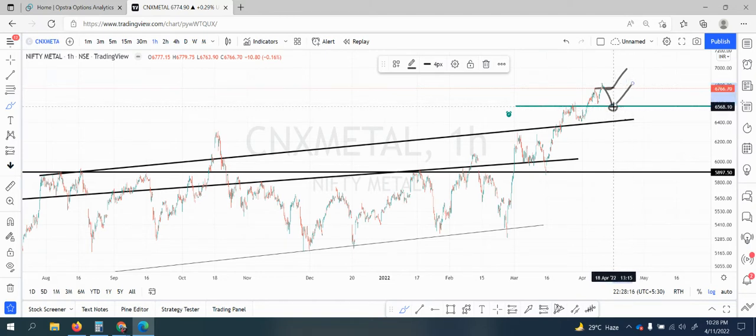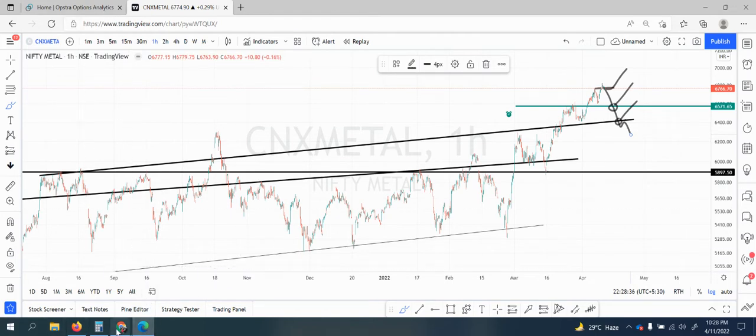Or let's say if it comes to this dynamic resistance line, it might take a move. If it breaks the dynamic support, then the entire metal sector will go down. So then I'll plan to reduce my loss.